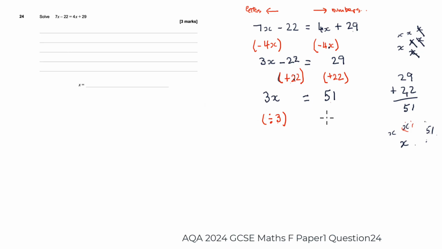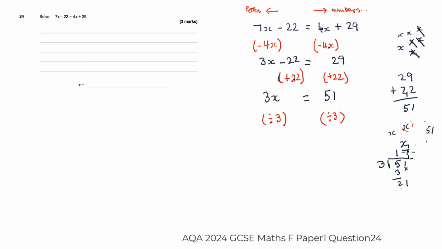And we do exactly the same to the 51. We have to divide this 51 up into 3 portions. Distribute them equally among the x's. So what is 51 divided by 3? Well, 3 into 5 goes once, with 2 left over. And 3 into 21, 3 sevens are 21.